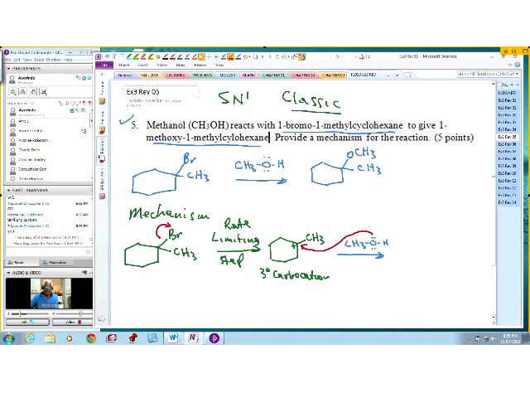Once you form this, you need to indicate that this is the rate limiting step. Then you follow that up with the attack of the nucleophile on the carbocation. So you now form this.